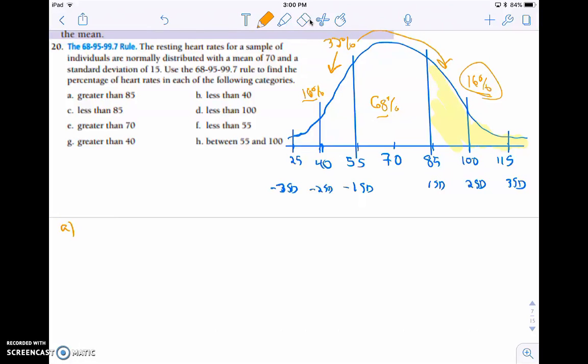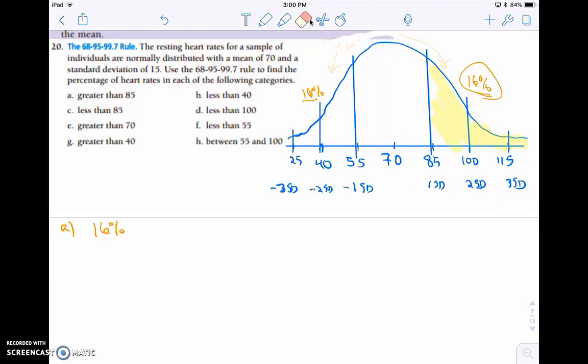Because again, outside of that 68, 32% has to exist, so half is below, half is above. So in this case, if we are greater than 85, then there would be 16%. Hopefully all that makes sense.